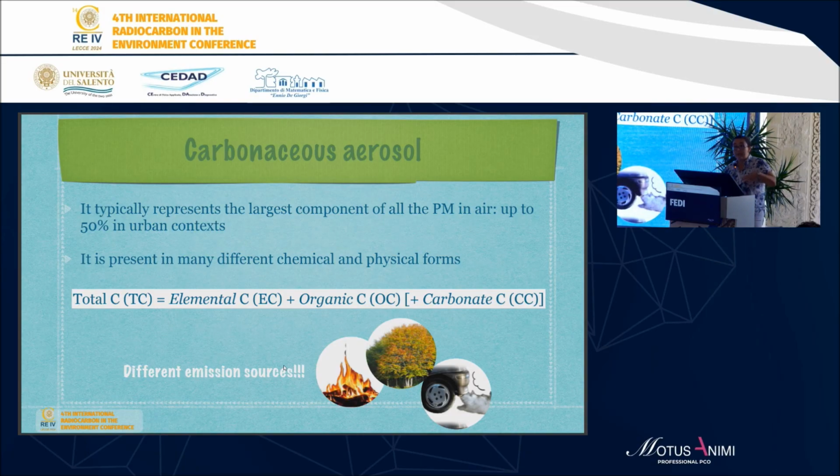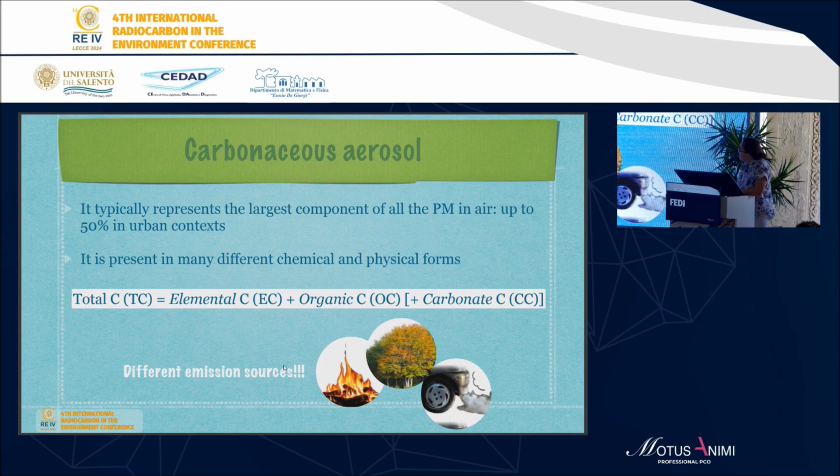Particulate matter is composed of maybe all the elements that are present in the periodic table. Now here I will focus on carbonaceous aerosol, so carbon element and also carbon compounds, because it typically represents the largest component of all the elements present in the PM that we can collect, because about 50% of particulate matter in urban contexts is made of carbon.